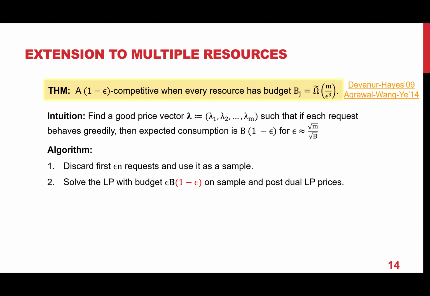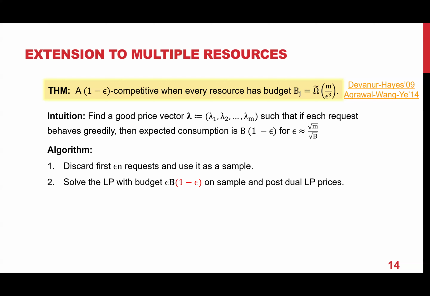The algorithm I want to run is again of a similar kind. The first epsilon fraction of the input I'll discard, use that epsilon fraction to learn some m-dimensional price rather than a single price, and then use that price for the rest of the time horizon, the 1 minus epsilon fraction. Naively, the number of prices is infinite, but you can use the epsilon net argument that Rohit also talked about.